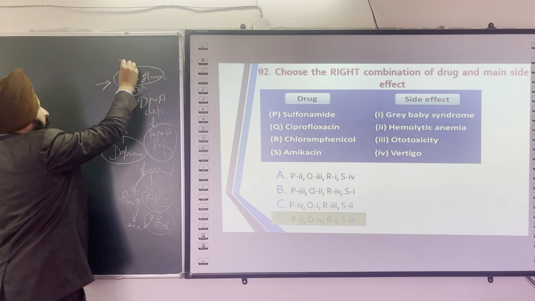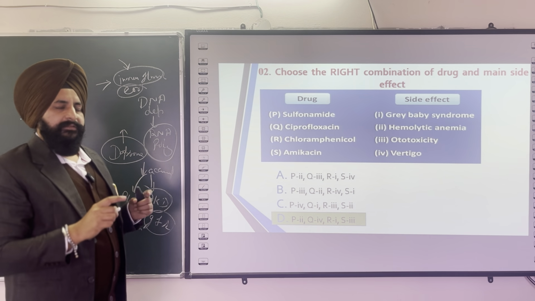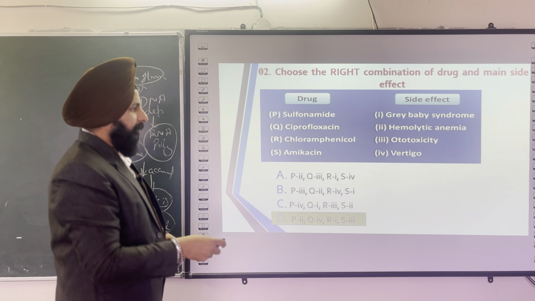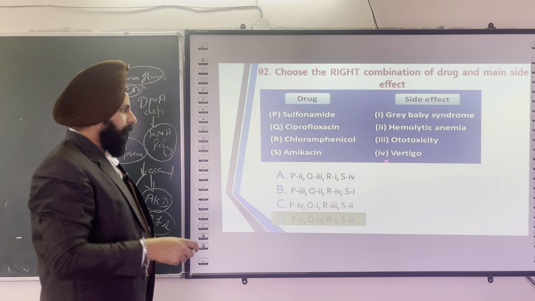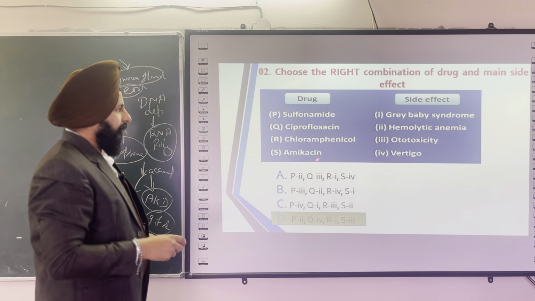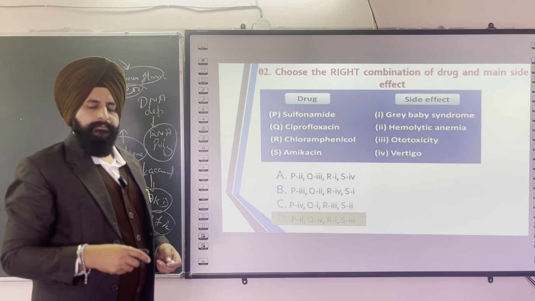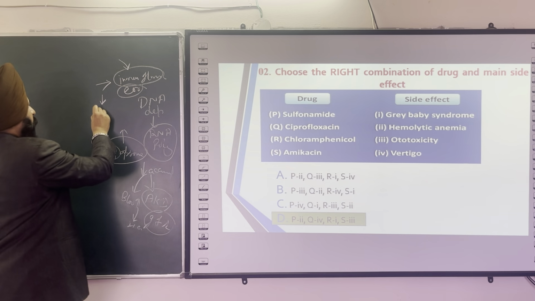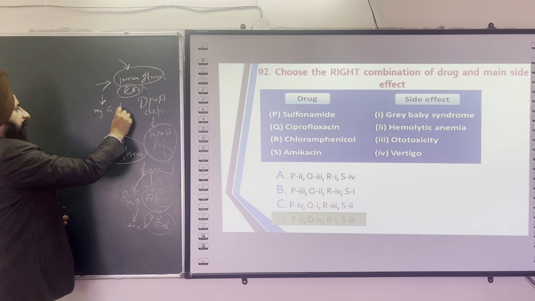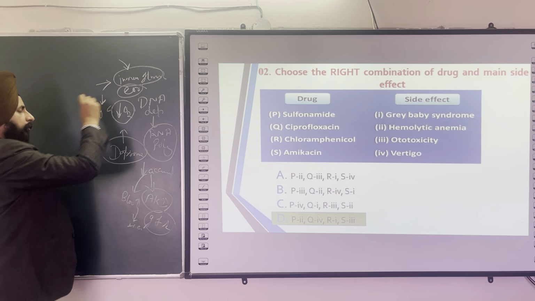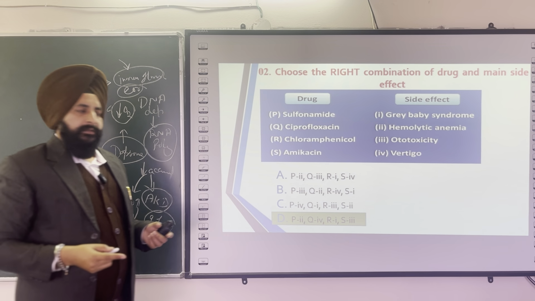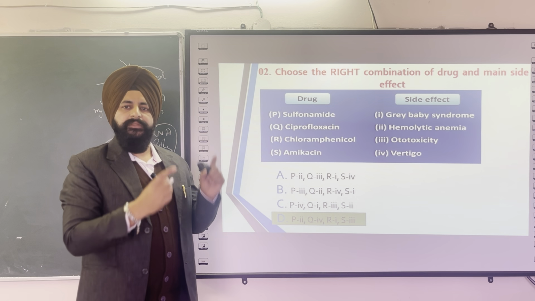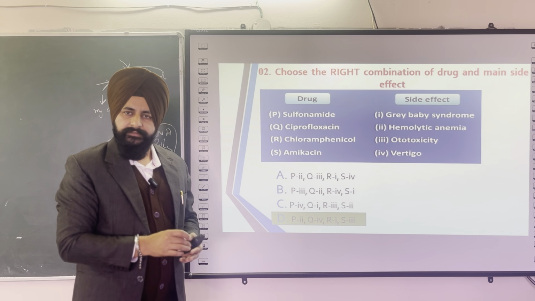Ciprofloxacin interferes with the calcium ion concentration in the perilymph and is responsible for vertigo as well as some other problems. Chloramphenicol causes Gray baby syndrome because chloramphenicol reduces myocardial contractility and reduces the oxygen in the tissue. On the other side, chloramphenicol converts hemoglobin into methemoglobin and causes Gray baby syndrome.